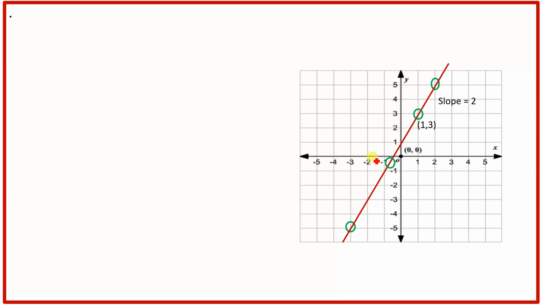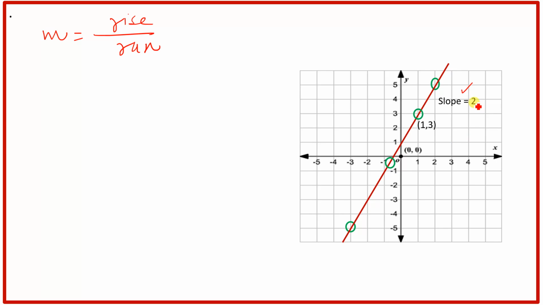In the next example, suppose we have one point, one solution set is given and the slope is given, we can find out the other points as well on the line with the help of this slope. Right, slope is rise over run, means y2 minus y1 divided by x2 minus x1.